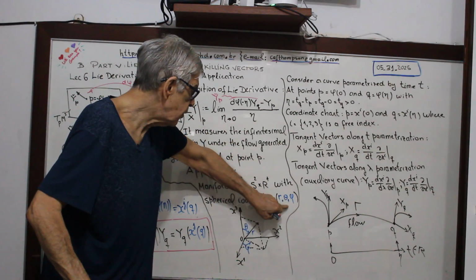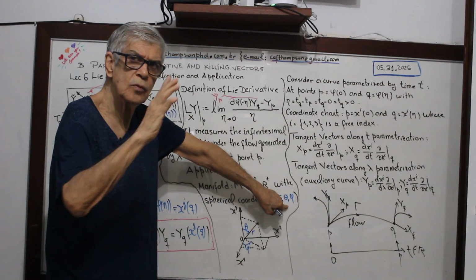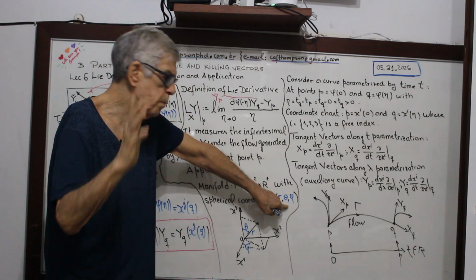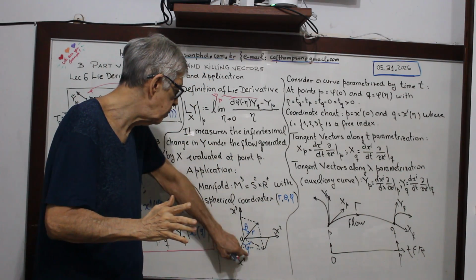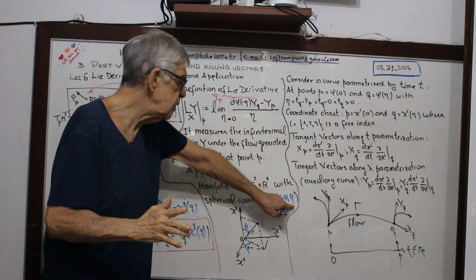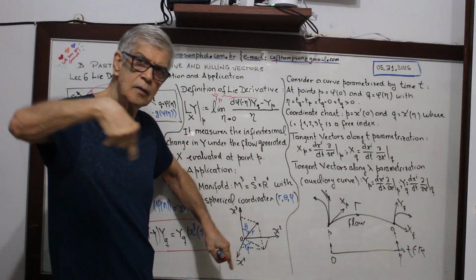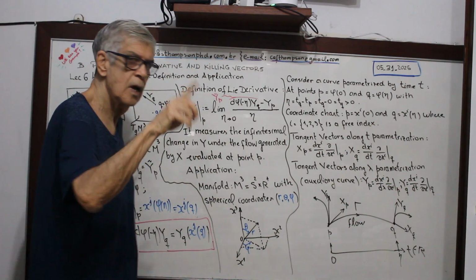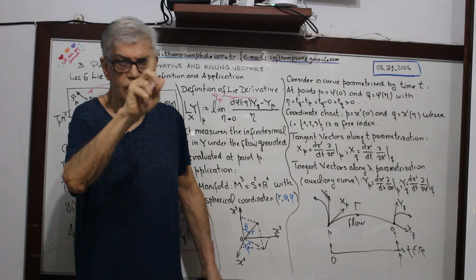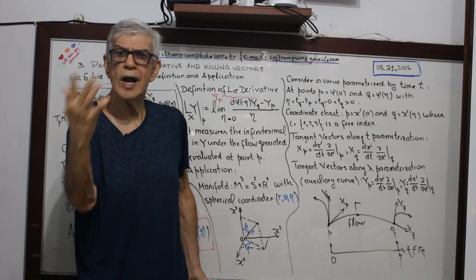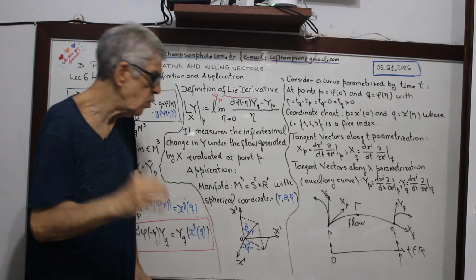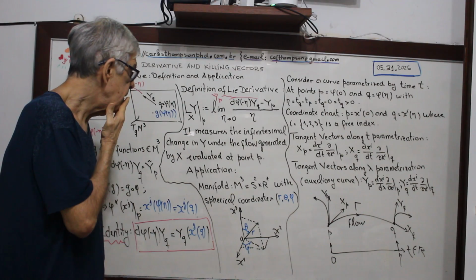Theta goes from 0 to pi, and phi from 0 to 2 pi, that's around. Theta is the co-latitude.